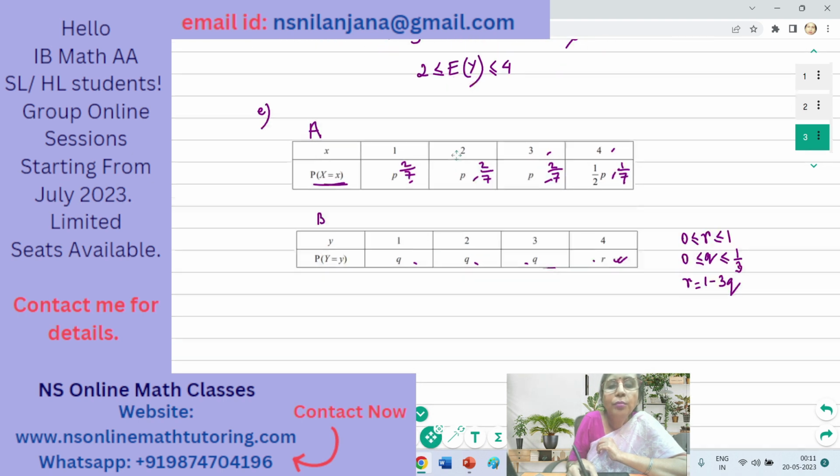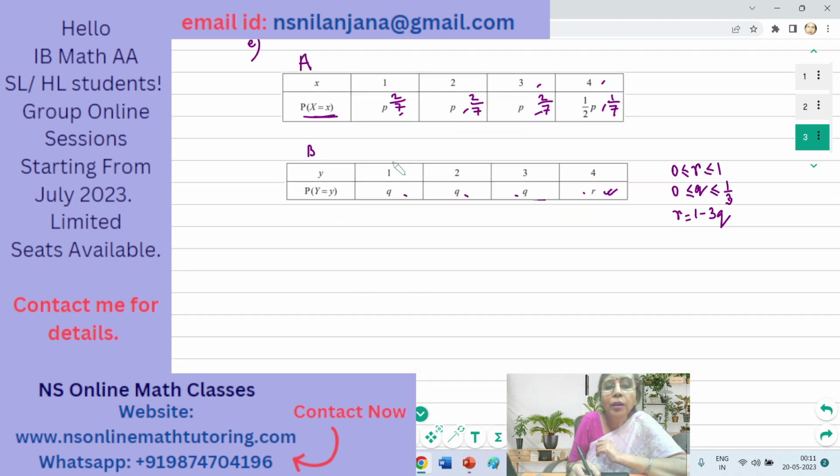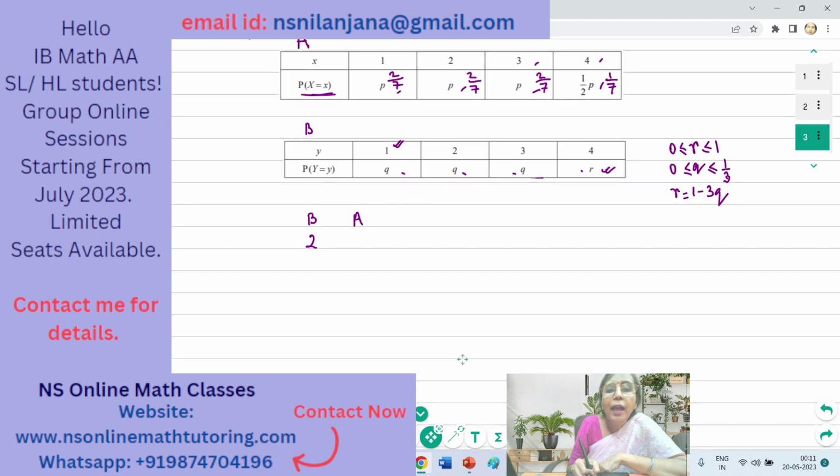Okay. So Barbara cannot score 1 because Agnes has to score then something less than 1, which is not possible. Therefore, Barbara should be scoring at least 2. Let us write Barbara and Agnes. When Barbara scores 2, Agnes will be scoring 1.